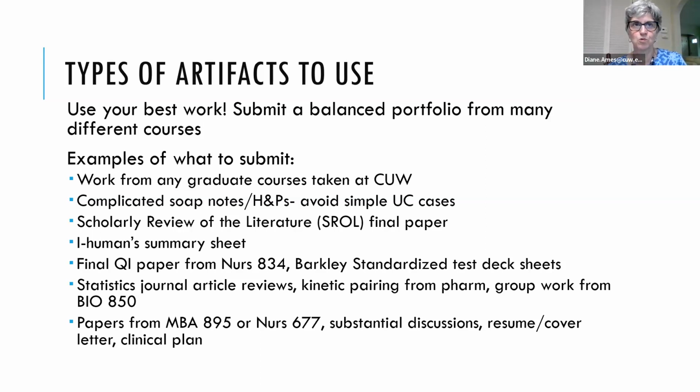So those are great artifacts to use. You can also use the final QI paper from Nurse 834. That's a good one. The other thing is, you haven't gotten this, I don't think, or maybe you have, I don't know. The Barkley standardized test has deck sheets, like the Barkley for knowledge about patho, pharm, and advanced health assessment.